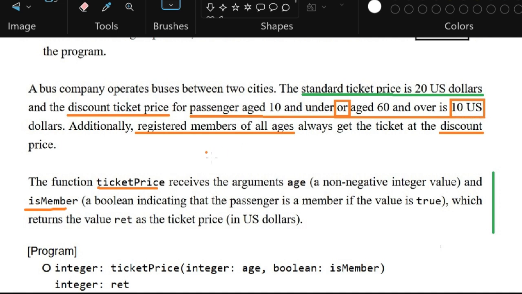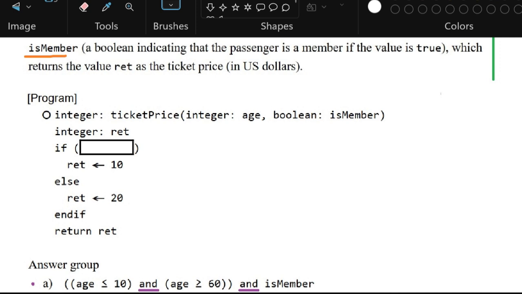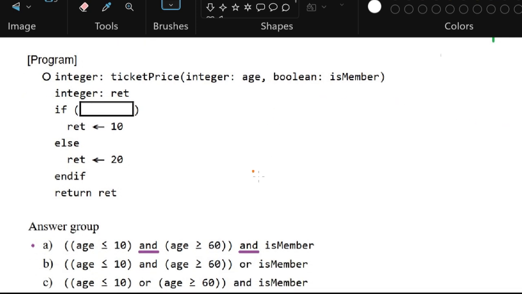In addition, if the passenger is a registered member, then the person would also get a discounted price. So given that idea, let's look into the program and also the answer group.